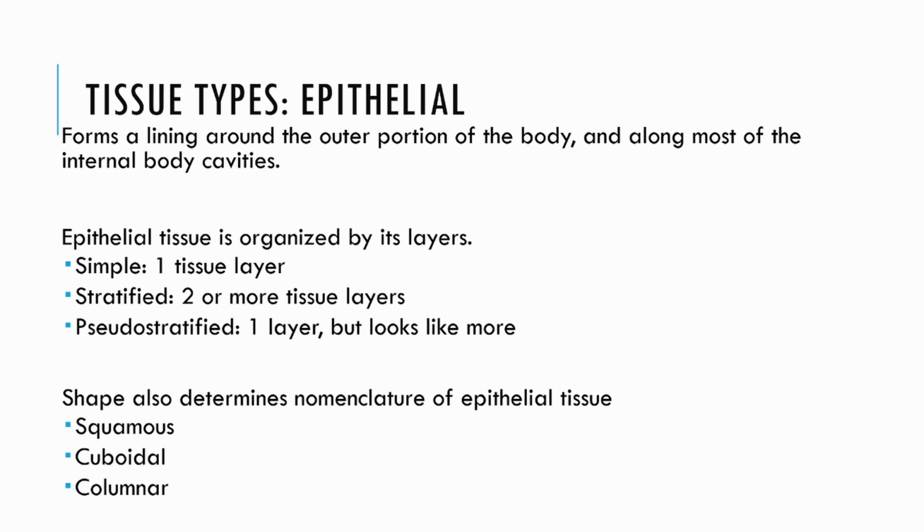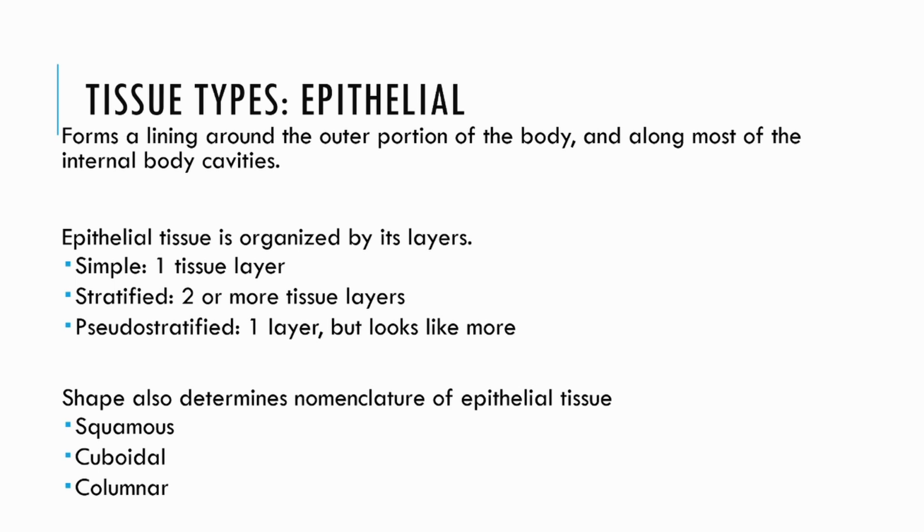So one single layer of cells across. If we have two or more layers, now we can call that epithelial tissue stratified. And if we only have one layer, but we're organized in such a way that it looks like there could be two or so layers, we call that pseudo-stratified. Like it looks like it might be more than one layer, but it's not really. That's what the name means. Stratified, you think two or more, but pseudo, meaning fake.